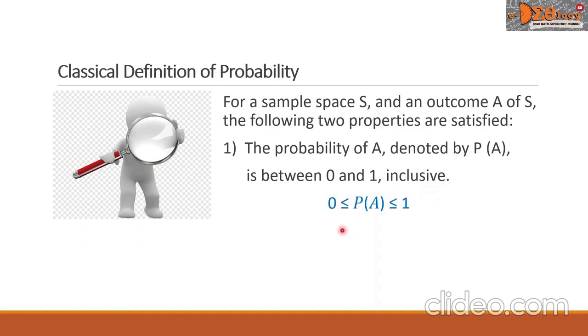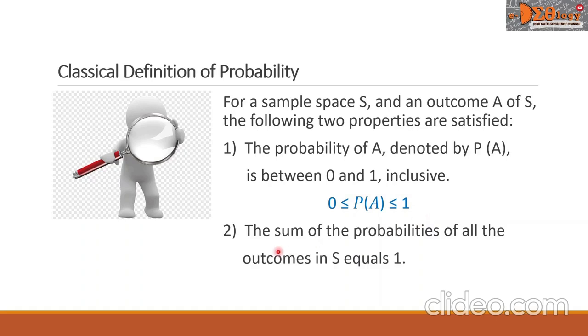In symbol, we write P of A is between 0 and 1 inclusive. Second, the sum of the probabilities of all the outcomes in S equals 1. In symbol, we write the summation from i equals 0 up to n of P of A sub i. This is equal to 1.